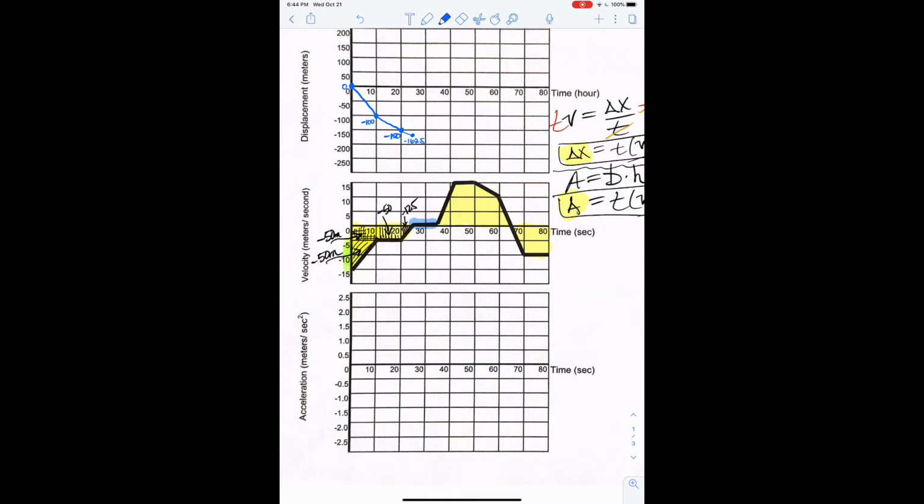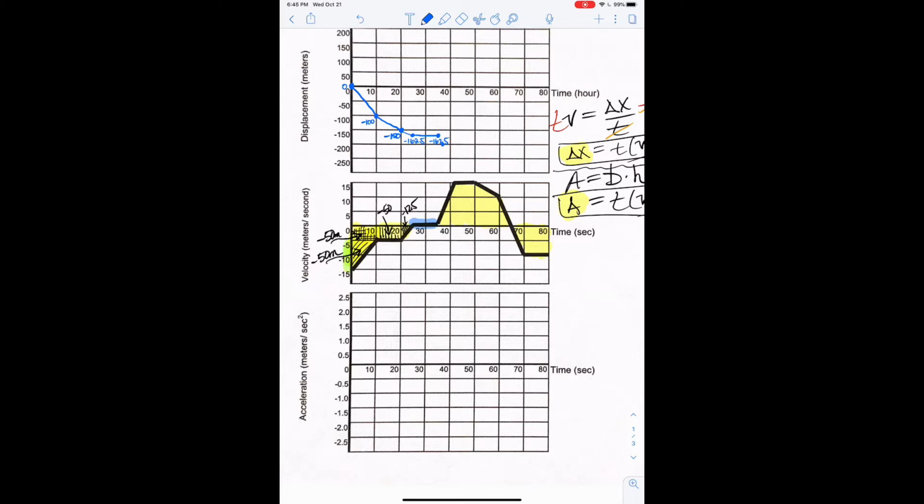So we're going to stay for the next 10 seconds at that position, and that position is negative 162.5. I'm just making a note of it so everybody can see what I'm trying to say.